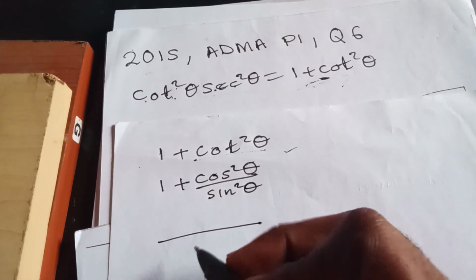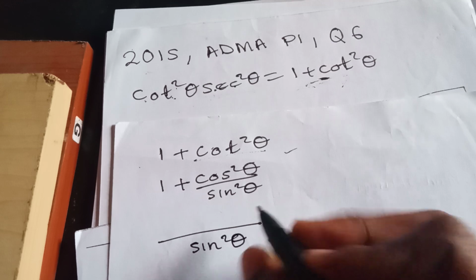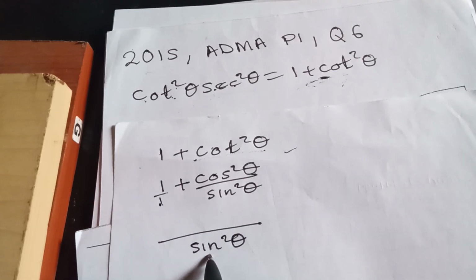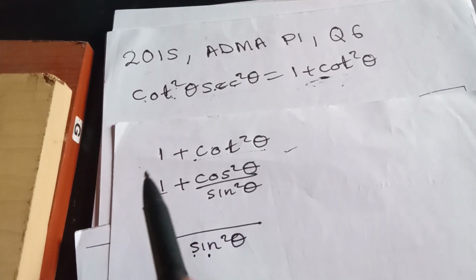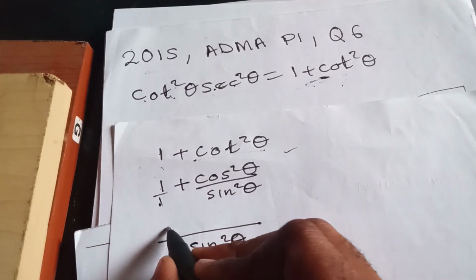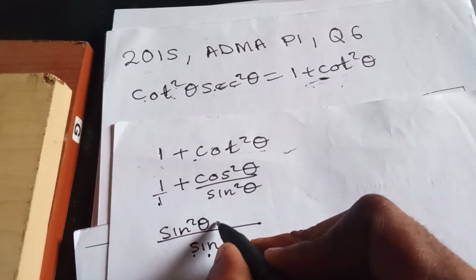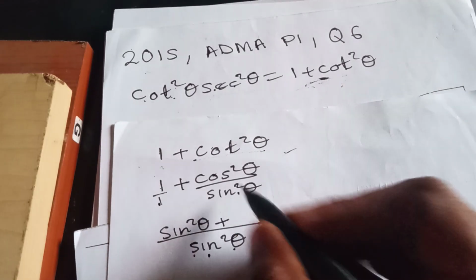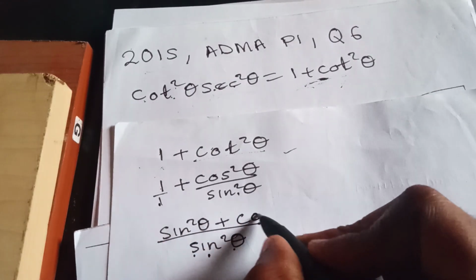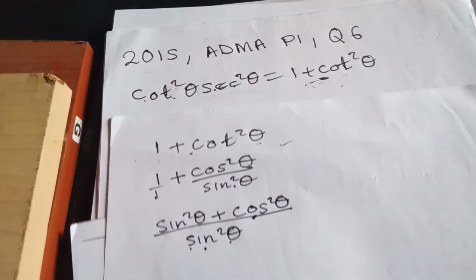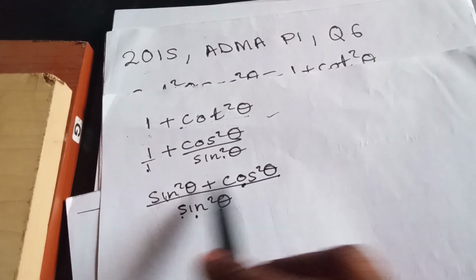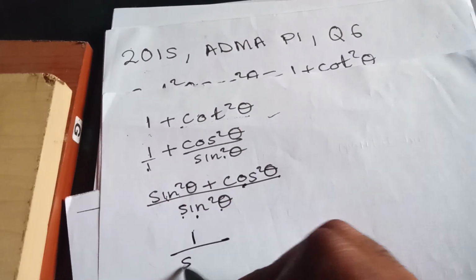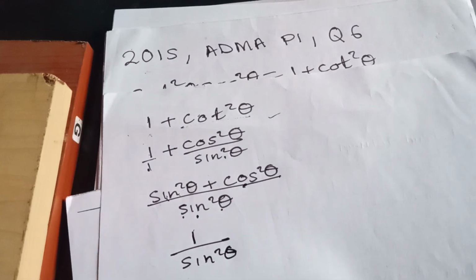When you get your common denominator there, which is this, if you want to put the 1 there, you can say 1 into sine squared theta is sine squared theta, then plus cos squared theta. So as you can see from the basic identity, this one is 1 over sine squared theta.